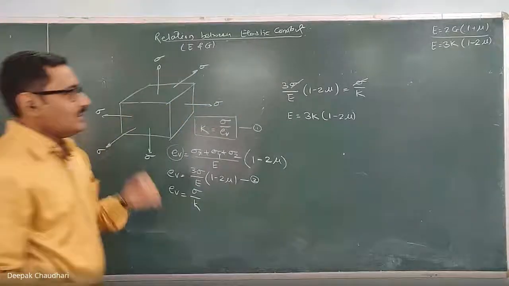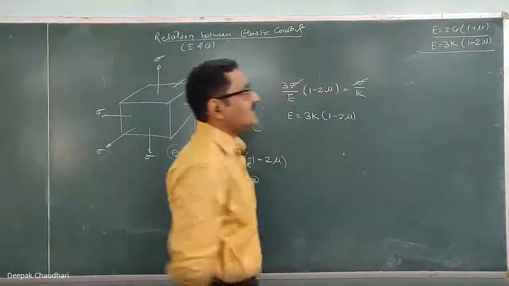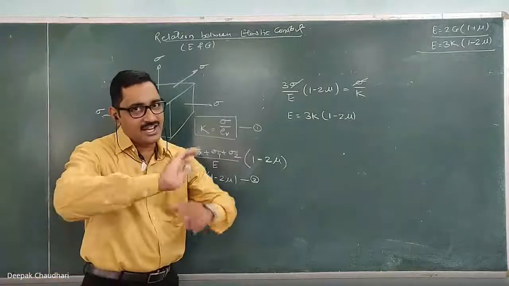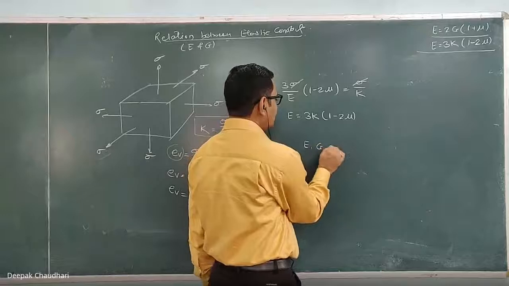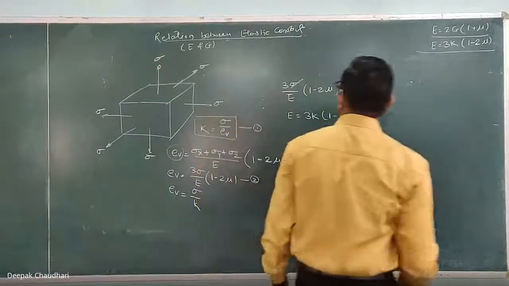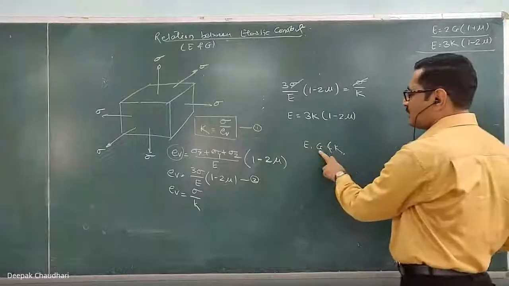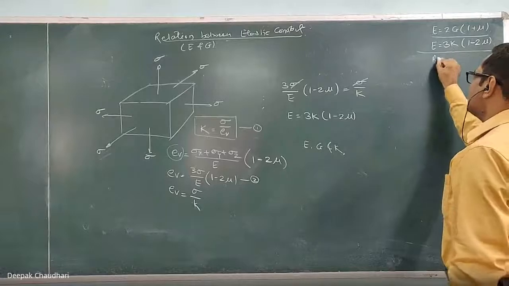Okay. Now if I combine these two equations, the first equation is the relation between E and G, and the second is the relation between E and K. If I combine these two equations, I will get the relation between E, G and K: the relation between the three moduli, modulus of elasticity, modulus of rigidity, and the bulk modulus.